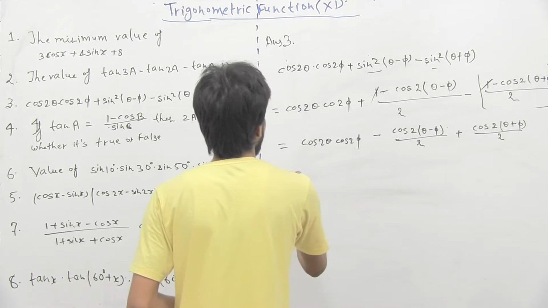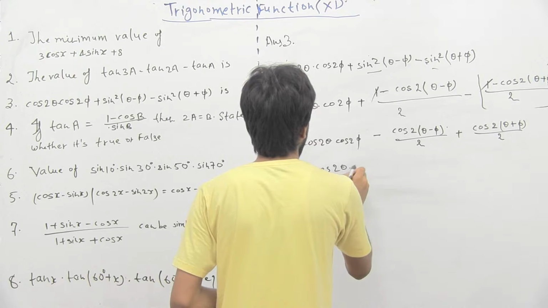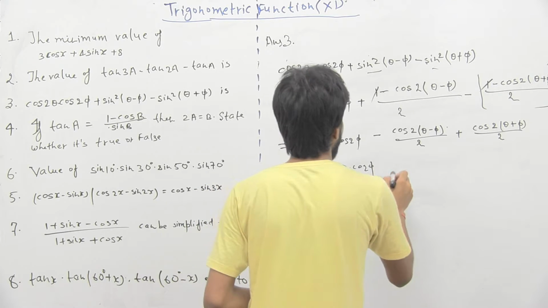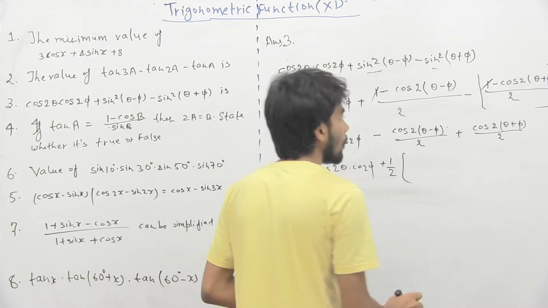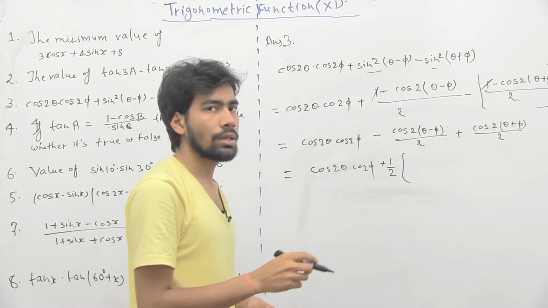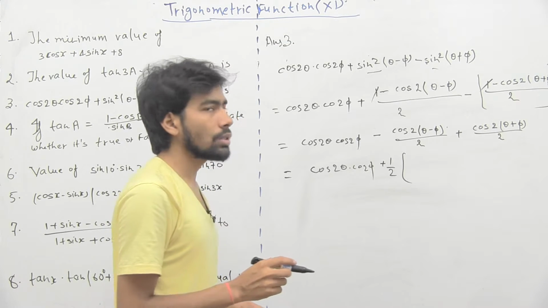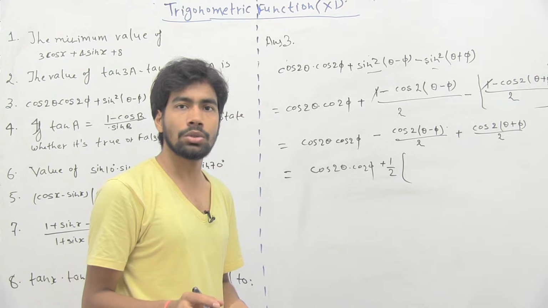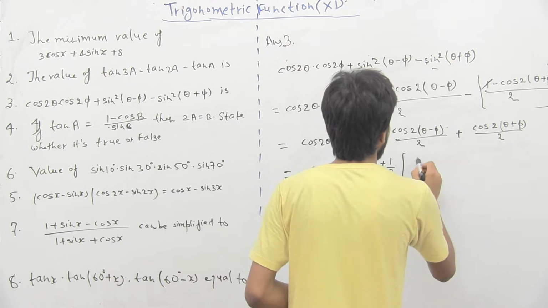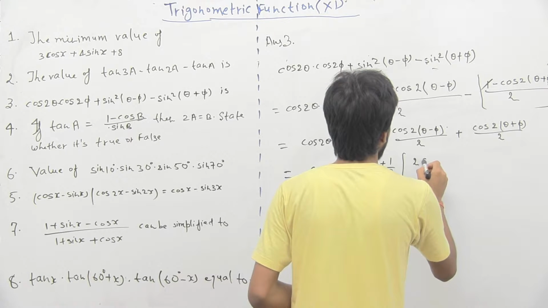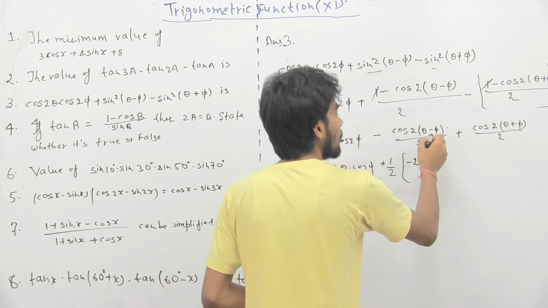Okay, now it is in the form of cos A minus cos B. So what is the formula of cos A minus cos B? We can write it as minus 2 sin A plus B by 2 into sin A minus B by 2. Our A is this and B is this.